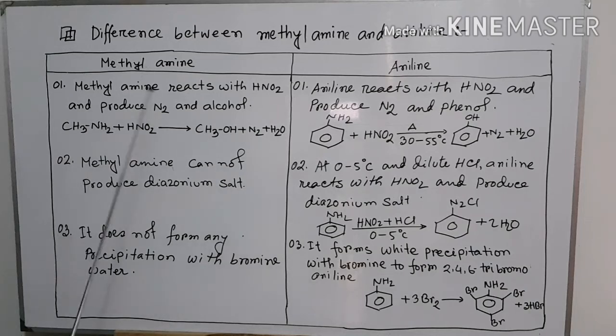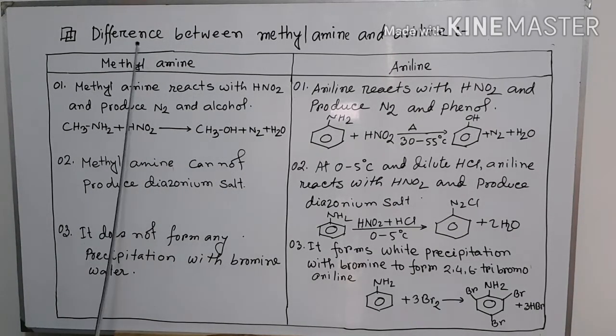Now the question is the difference between methylamine and aniline. Here methylamine, aniline. First one, methylamine reacts with nitrous acid and produces nitrogen gas and alcohol. Here the reaction, alcohol and nitrogen gas.